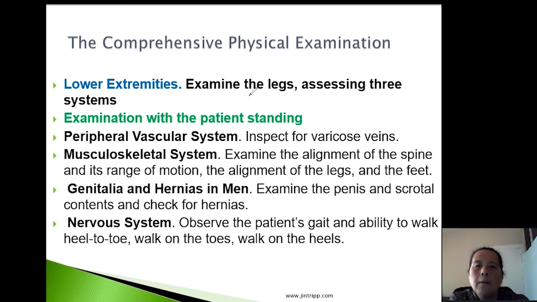And we are still talking about checking the leg. We can check in different ways. Like we can ask the patient to stand there. Then for the vascular system, especially we watch for the veins. Big veins can show up.